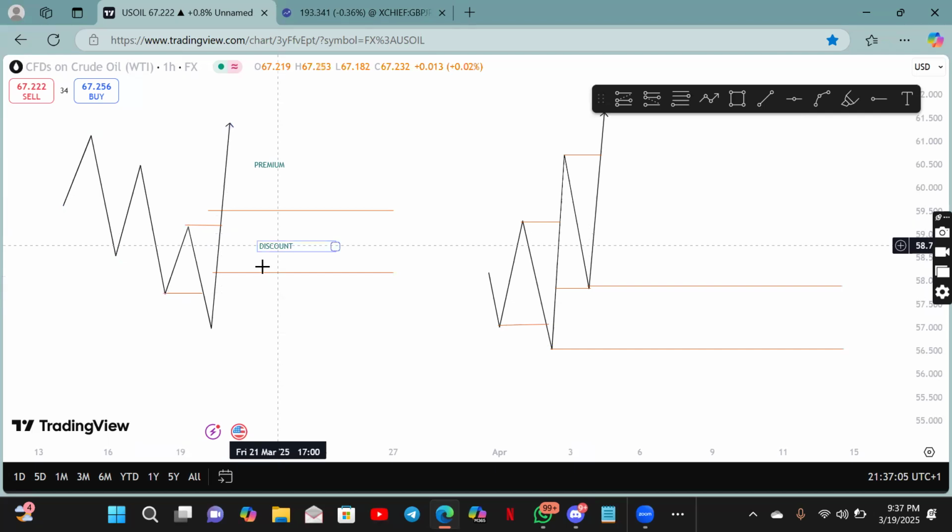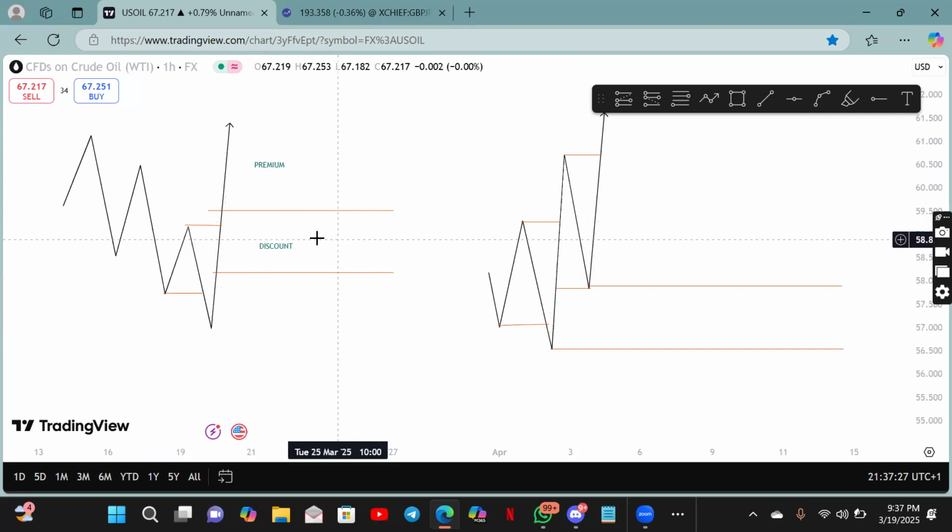Inside the discount, it's just like 50% of the 50%. Do you understand? This side is 50%. Discount is 50%. But inside the discount again, that is another 50%.